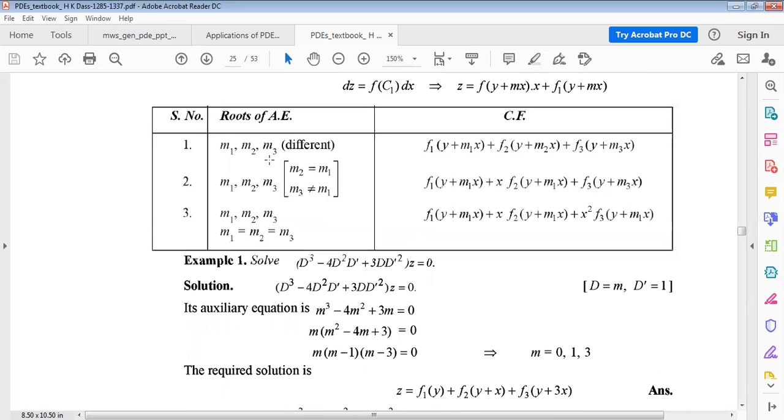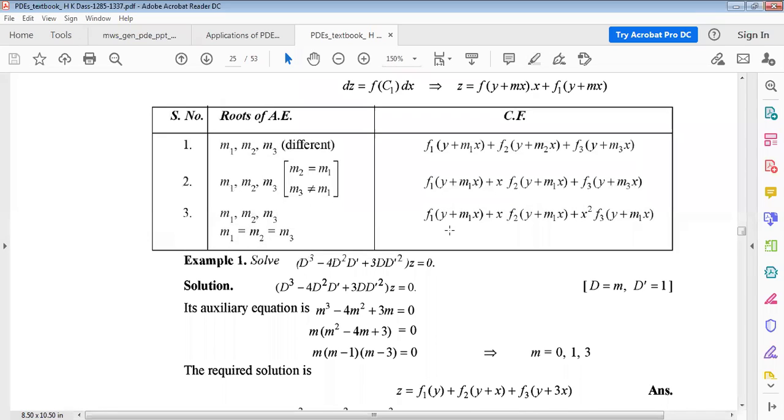This is the table for roots. For different roots, we write f1(y plus m1x) plus f2(y plus m2x) plus f3(y plus m3x). This is the complementary function, that means the solution of the auxiliary equation. Understand? For 2 repeated roots, you have to multiply by x: f1(y plus m1x) plus x f2(y plus m1x). Remember it.